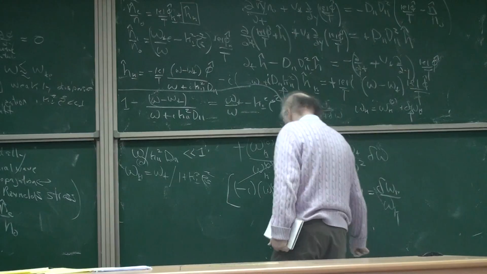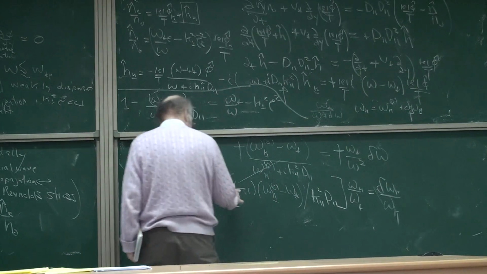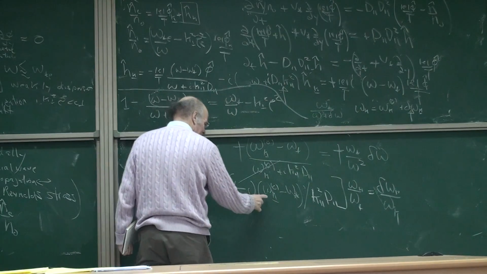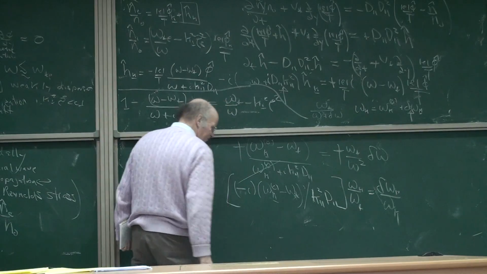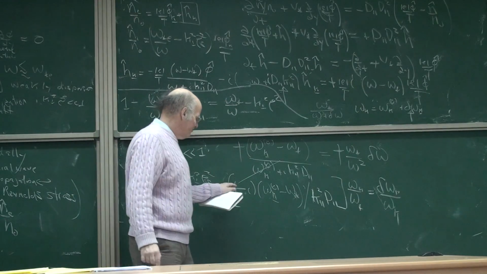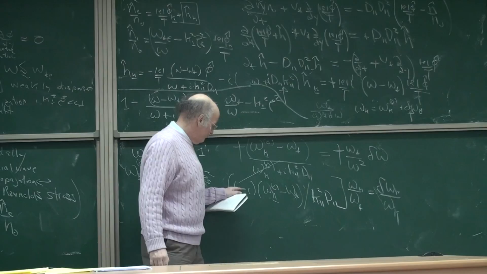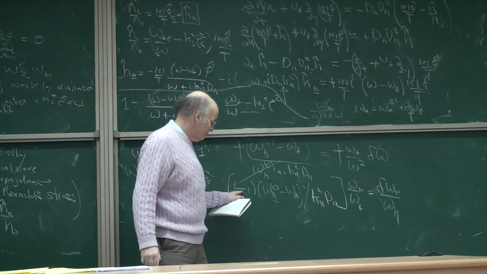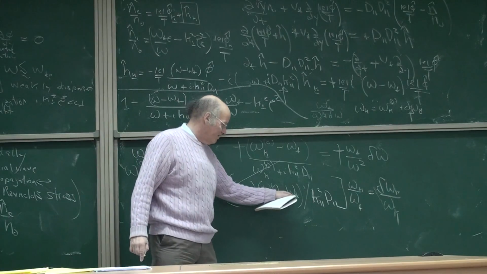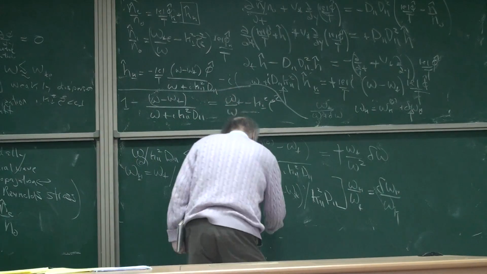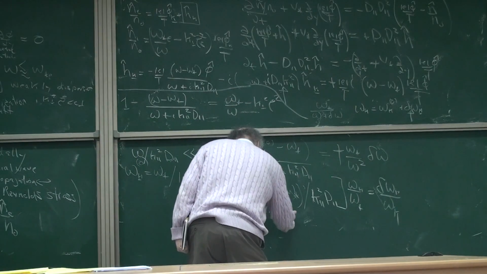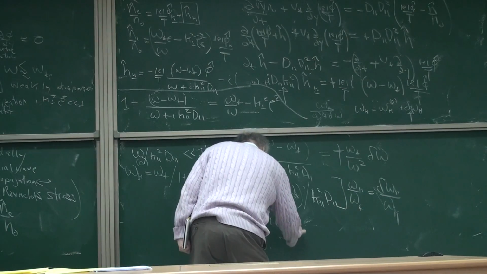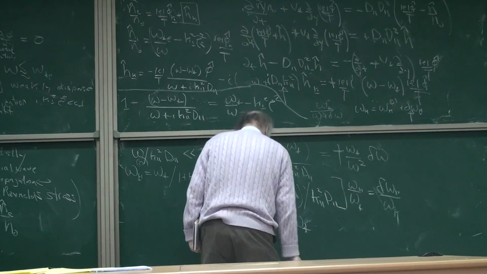And here is our story. You notice we have minus i times omega minus omega star. So a condition for instability is, since this is negative, right, you want the whole thing to be positive for instability, is omega be less than omega star. So you need omega less than omega star.